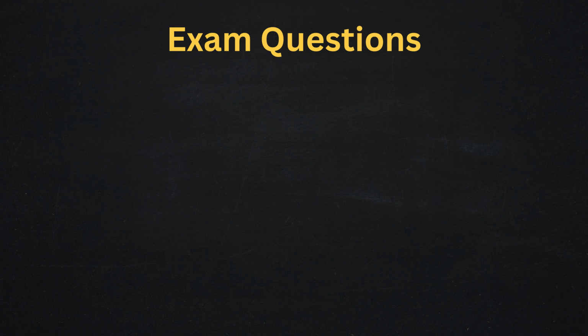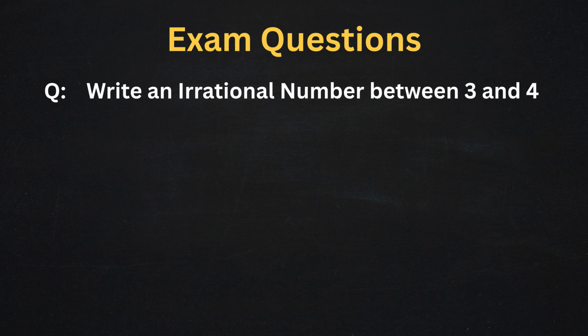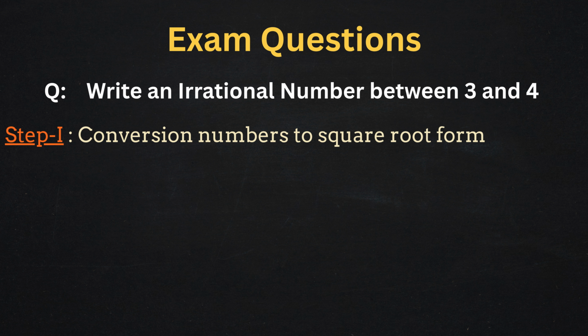Alright, in the second section, we have a type of question like: write an irrational number between 3 and 4. It is a very easy question with a simple approach. Let me explain it. In the first step, we convert 3 into square root form. We can write 3 as under root 9 and 4 as under root 16.